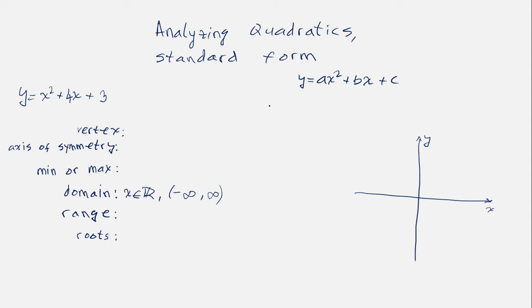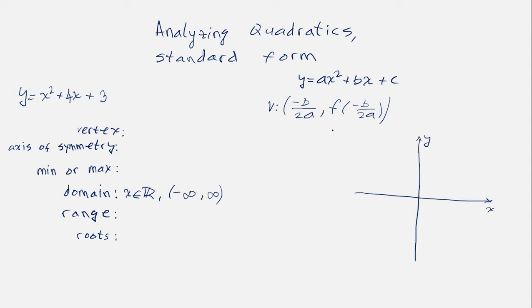The formula for the vertex, if we have a standard form of a quadratic equation, goes like this. The x of the vertex is negative b over 2a. And then y of the vertex, like any other y, if we have x, we take f of x. We plug x in. So this is going to be f of negative b over 2a.